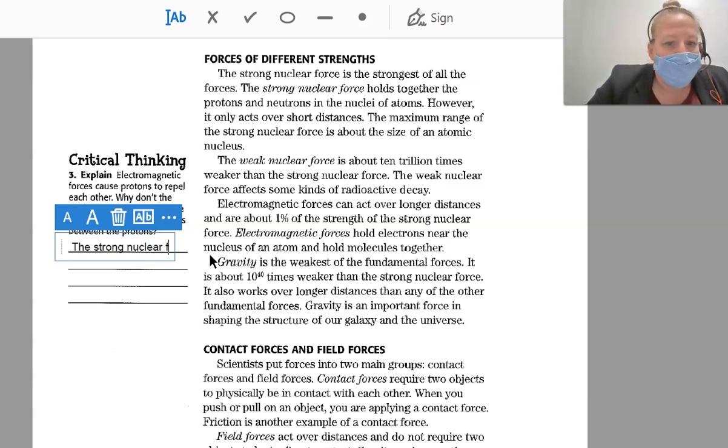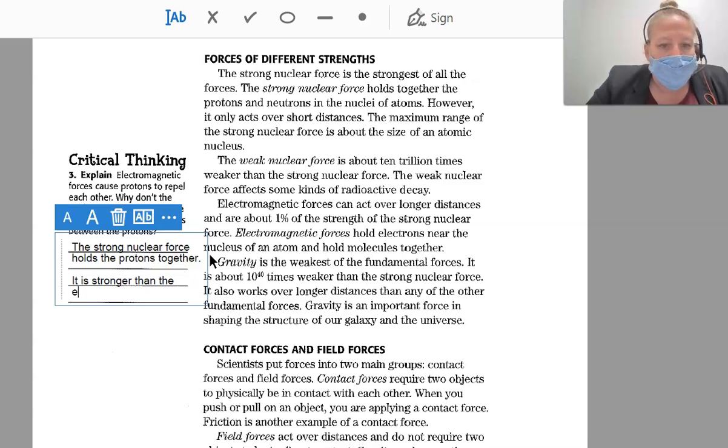The strong nuclear force holds the protons together. It is stronger than the electromagnetic force. Okay?